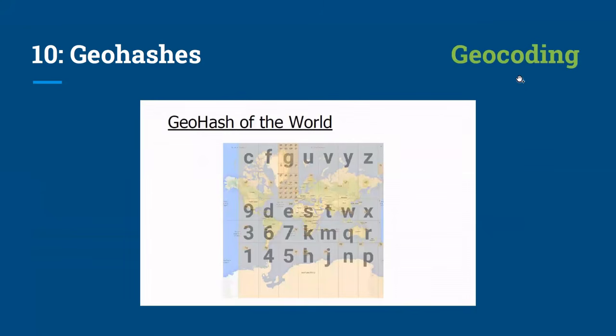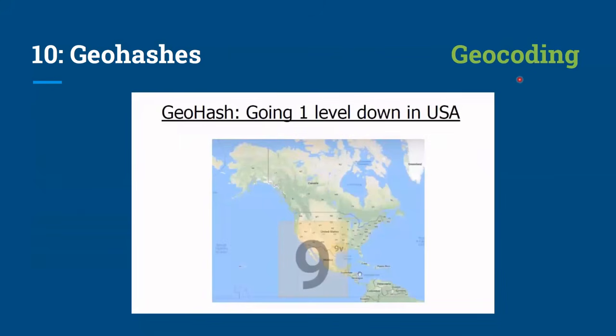Geocoding works in this manner. You've got, for example, in this figure, a geohash of the world. We've got the map of the world, and we have encodings pointing to the different parts. So let's zoom in and dig into part 9. Then we go 1 level down, and we get to part of the USA.